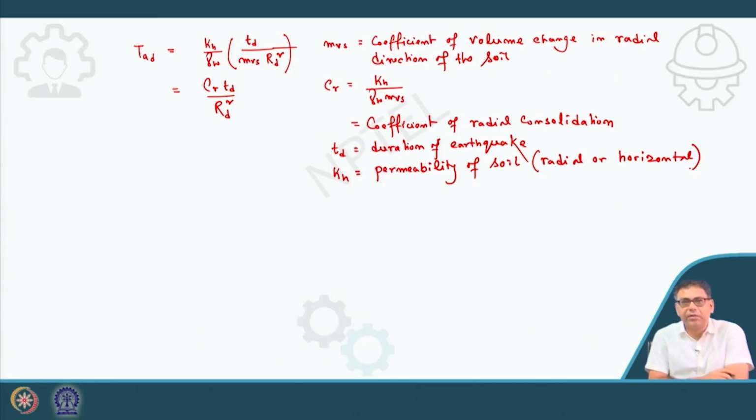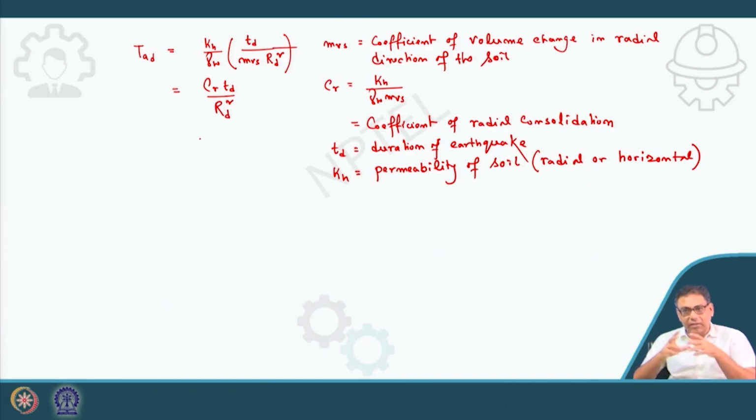And gamma_W is the unit weight, and R_D you know is the radius of the drain. So in the C_R value, this is the coefficient of radial consolidation, and in the T_AD it is non-dimensionalized by R_D square, not R_E square. Generally this T_AD is basically the time factor.